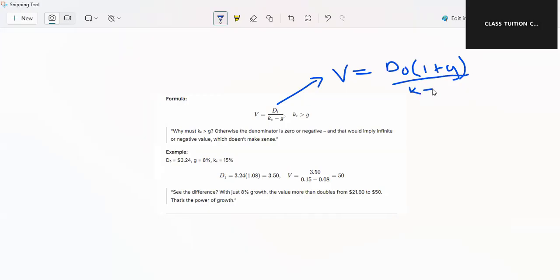So if we are told that D0 is 3.24, the growth is 8%, the KE is 15%, how do we calculate the value of stock?